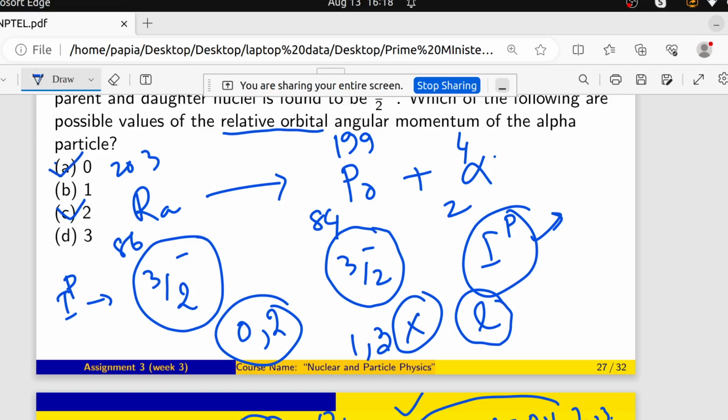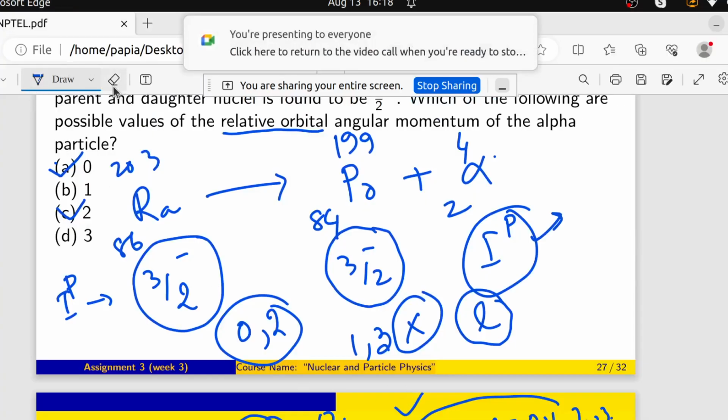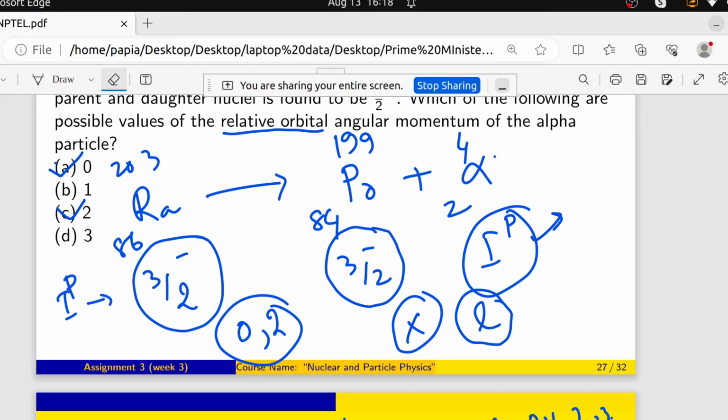Do you understand that point? Then, can we combine parent and daughter atoms angular momentum? We are not combining them. See here, the angular momentum should be conserved in any nuclear reaction, right? And it is a strong nuclear reaction, so obviously angular momentum should be conserved here.